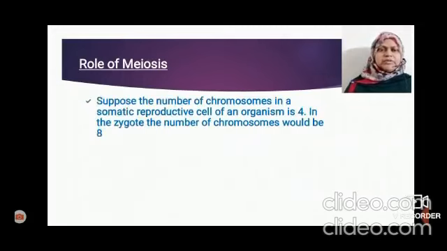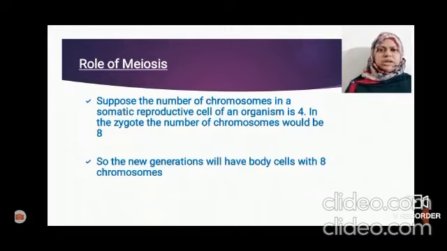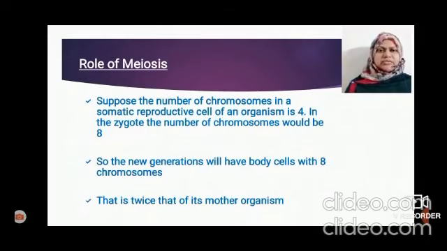Suppose the number of chromosomes in a somatic cell of an organism is 4. In the zygote, the number of chromosomes would be 8. So, the new generations will have body cells with 8 chromosomes. That is twice that of its mother organism.